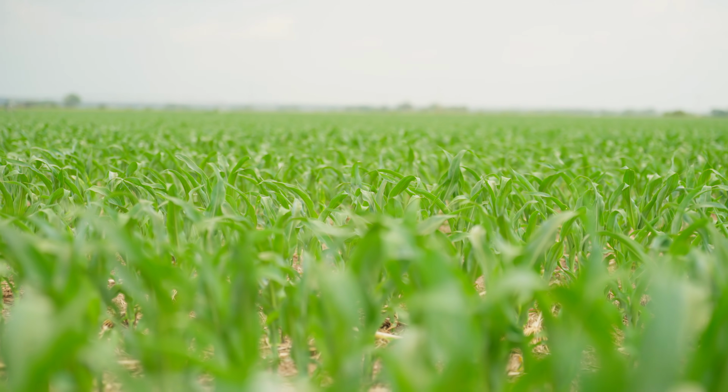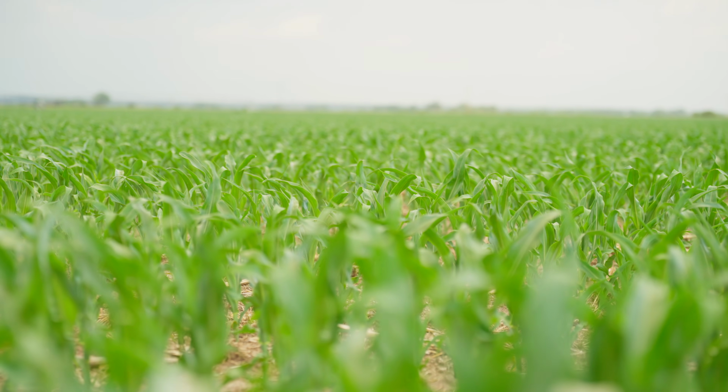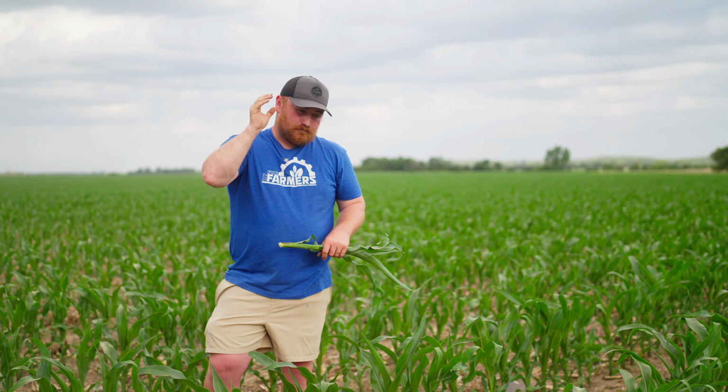I know I'm not the first person to say this, but gosh dang, if that plant is in a temperature, I personally say higher than 83 degrees, and the humidity's not up there, then our foliar feed could be wasted dollars. We got to make sure we're treating it very precisely, because that timing is so important or we're wasting dollars, okay?